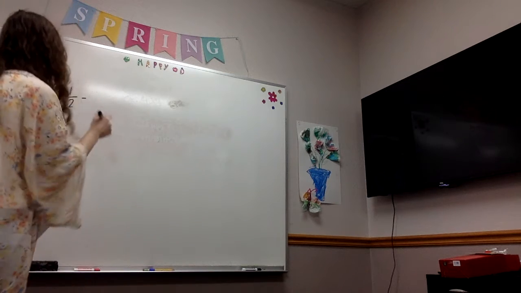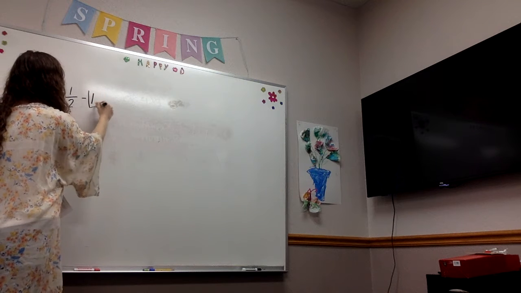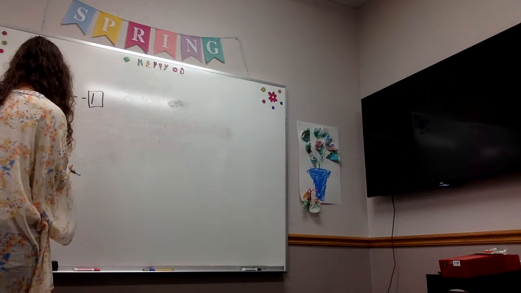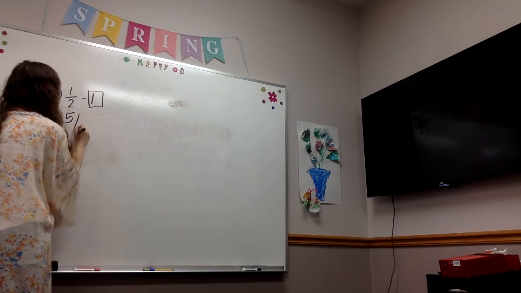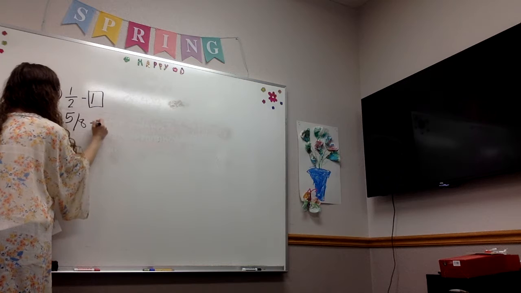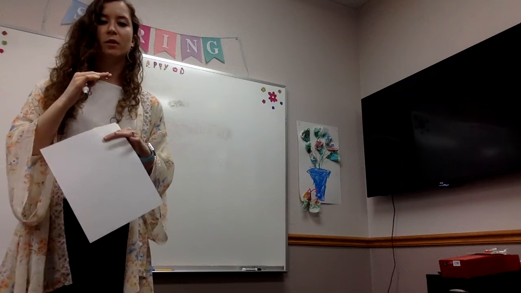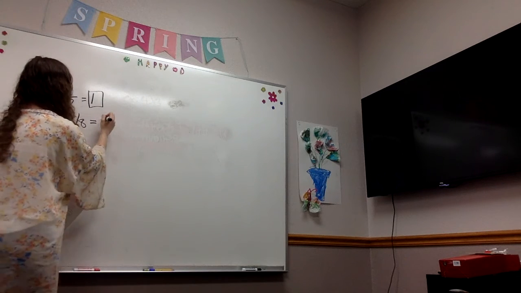Okay, that's right. The 1 is in the numerator. So number 2, what number is in the denominator of 5/8? What is the denominator number? That's right, it's 8.